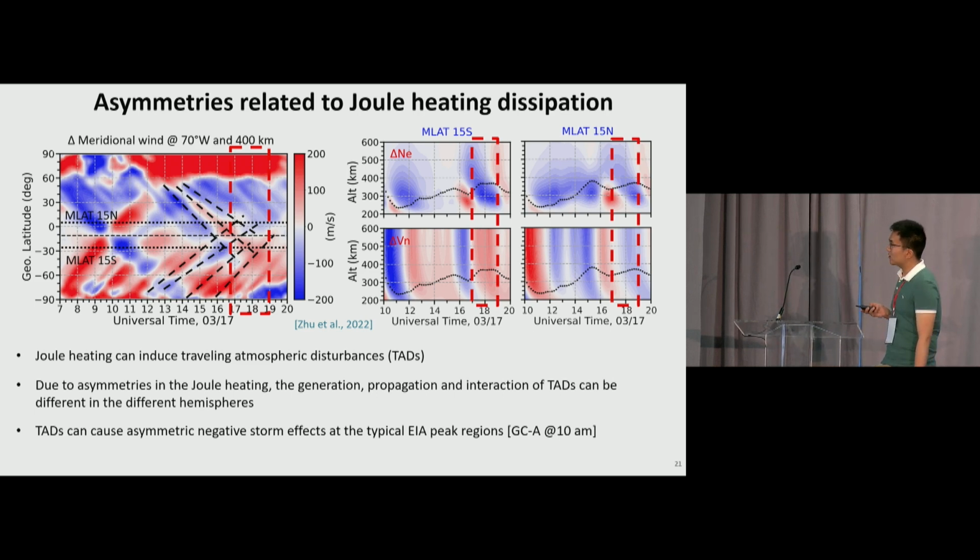During the 2017 St. Patrick's Day event, the TADs contributed to the asymmetric ionospheric response at low and middle latitudes through the transport process associated with the neutral winds.